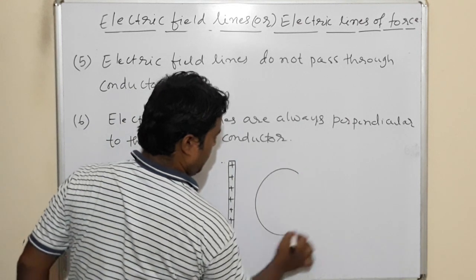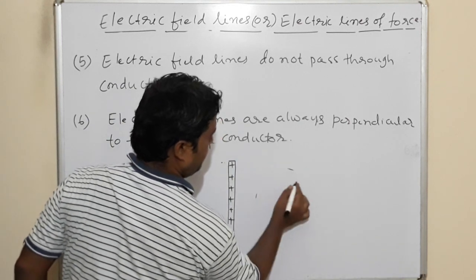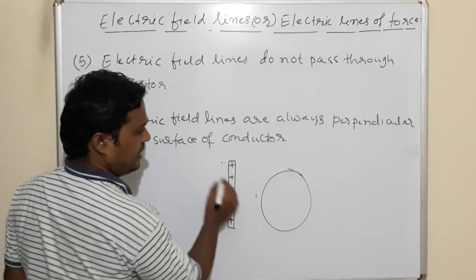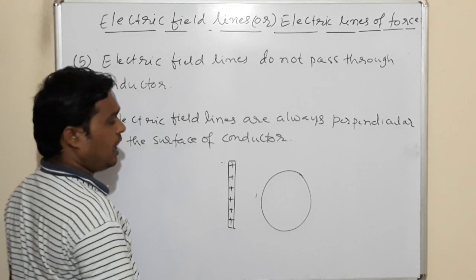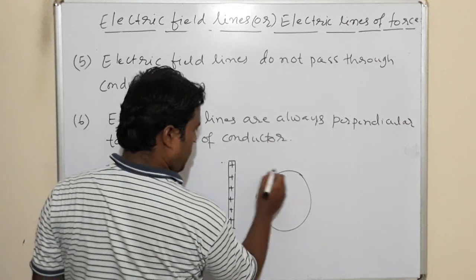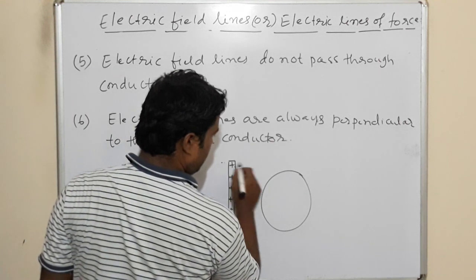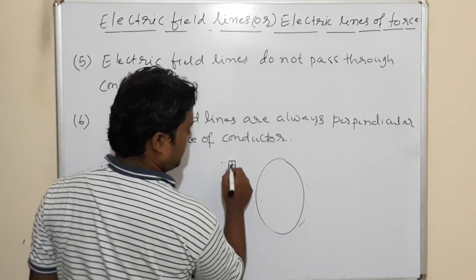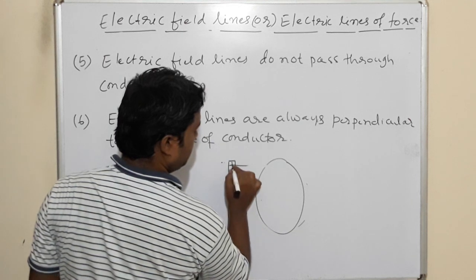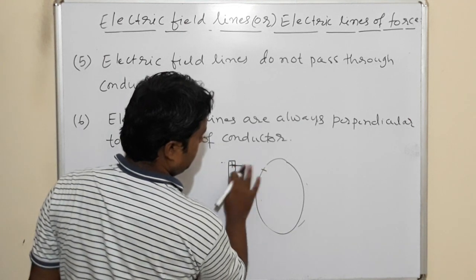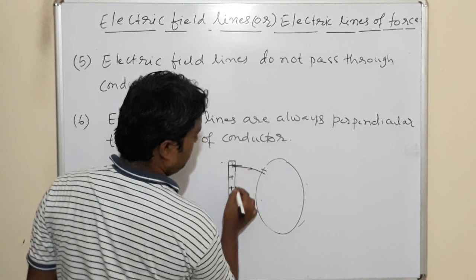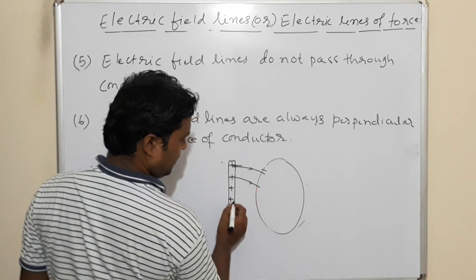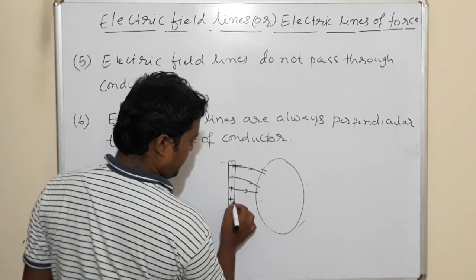Suppose that here I kept a sphere. Imagine that these electric field lines are passing through the sphere. How will they pass? First they will go away from the charge like this. They will move away from the charge like this.